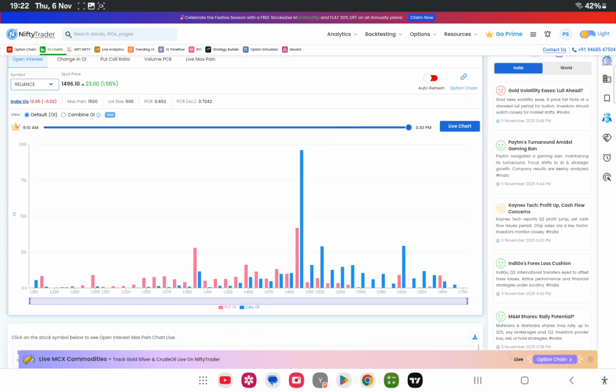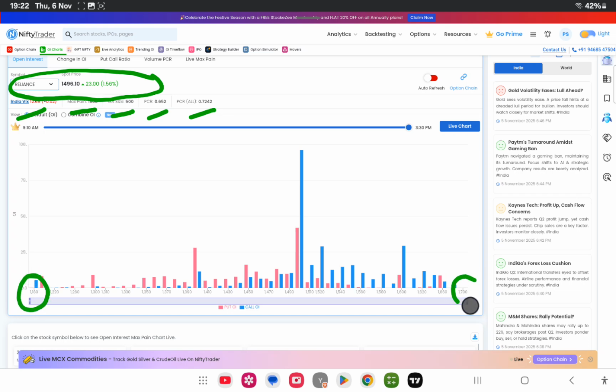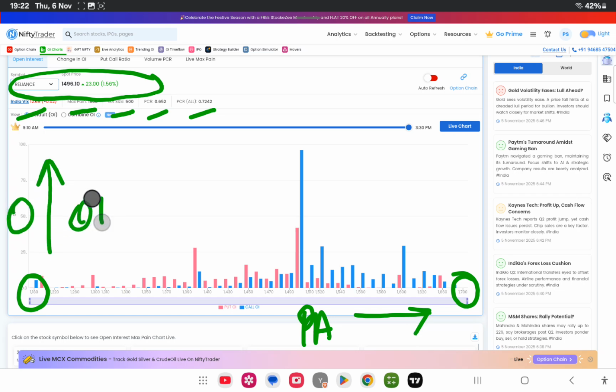So you could clearly see here max pain, lot size, PCR and PCR overall, IV and the stock details here. And this you could see is the price action, or basically price, and this is the OI.